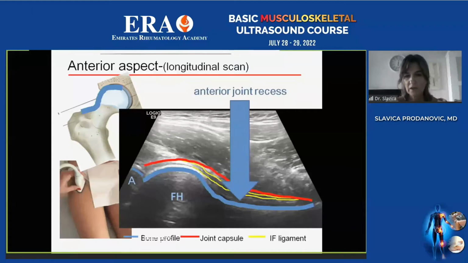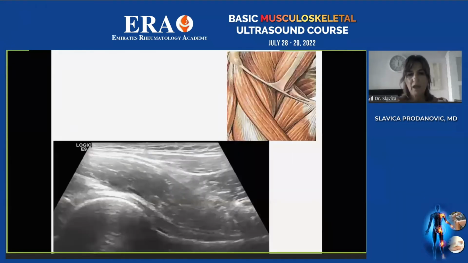So the space between the bony profile and those hyperechoic lines, of course, belongs to the anterior joint recess of the hip joint.